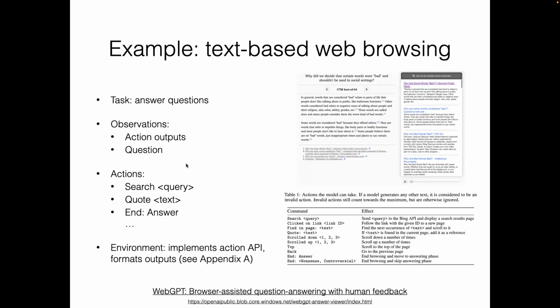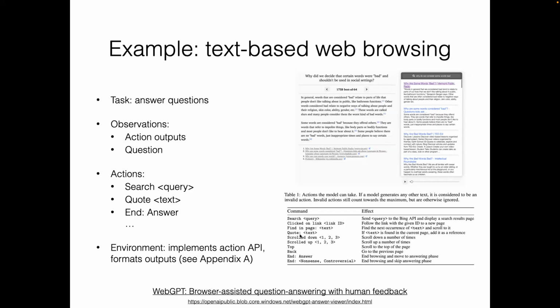Okay, so what do they do here? Your observation is the question: why did we decide that certain words were bad and shouldn't be used in social settings? The actions it can take are things like searching the internet with some query, clicking on a link, and finding text in a page.